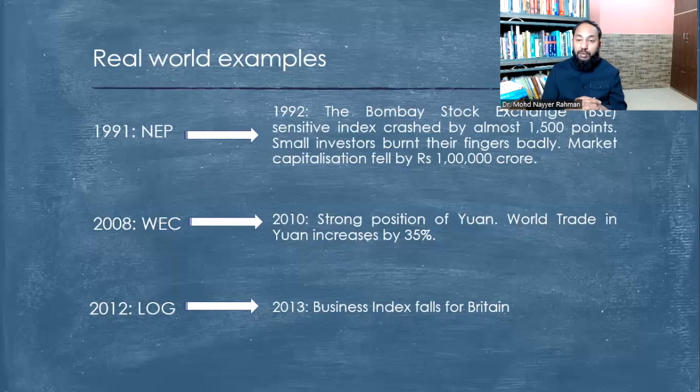People argued that because London was busy with sports in 2012, the business index for Britain fell in 2013. Nobody gave reasonable, investigated evidence to believe in that. But still, that happened.